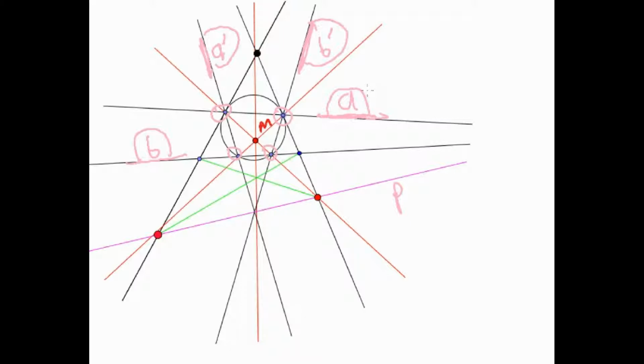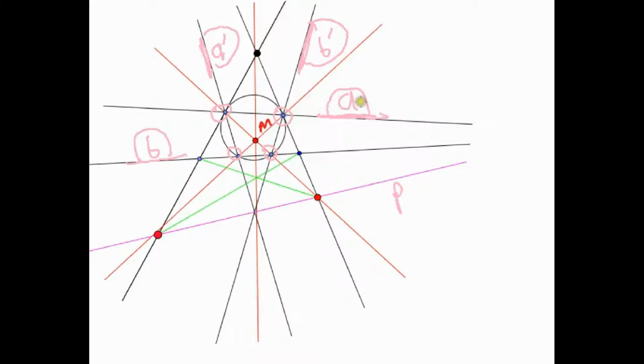And now I want to show that this setup corresponds to an involution. So let's just consider line A, okay? So what happens to line A? Well, when we look at line A, we see that it crosses with one of these lines coming out of the Brianchon point.